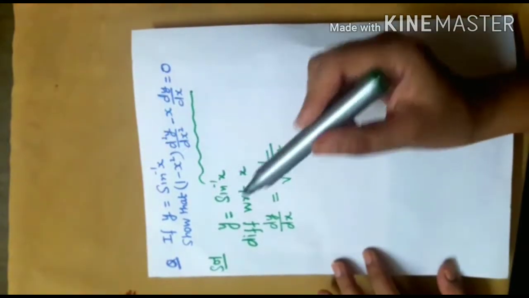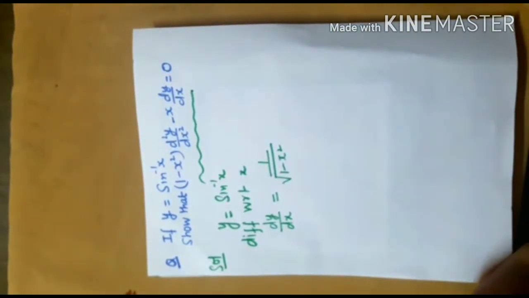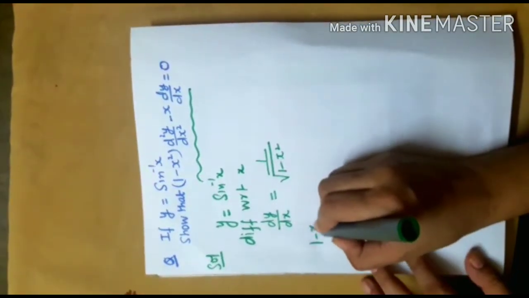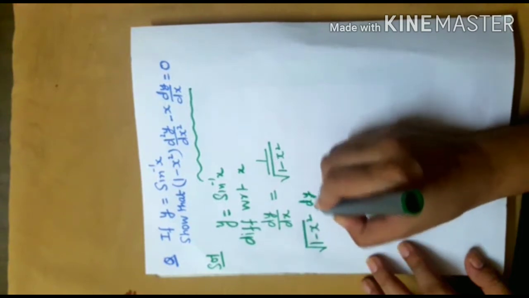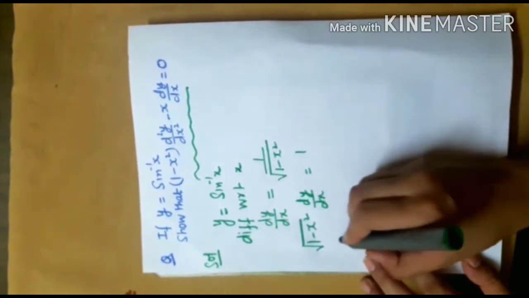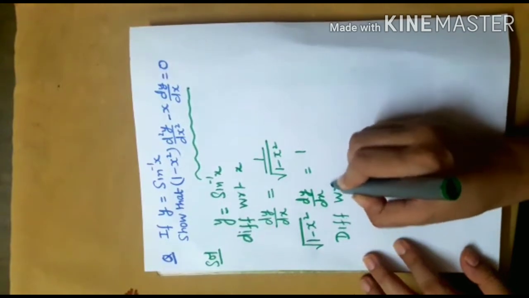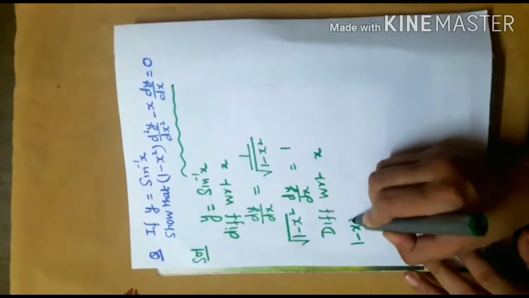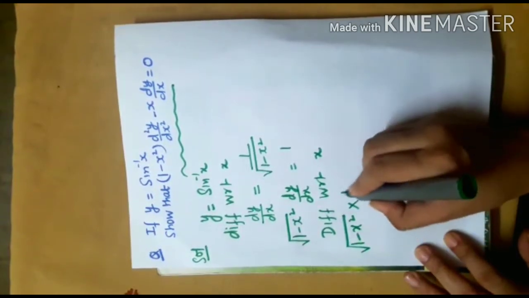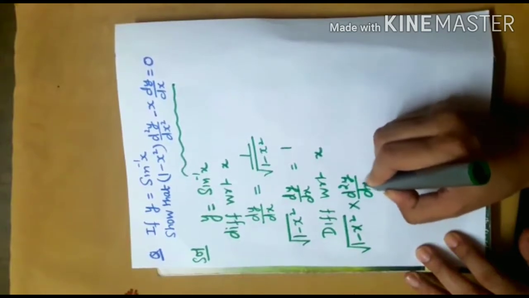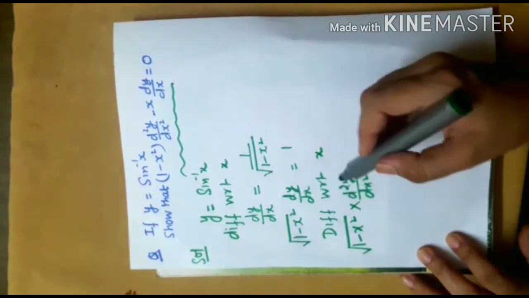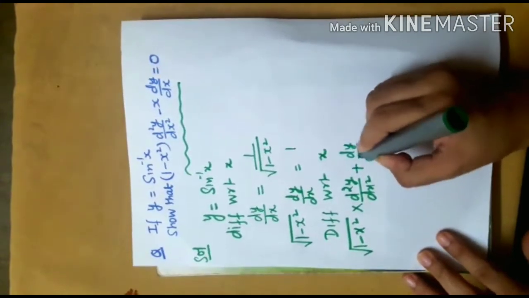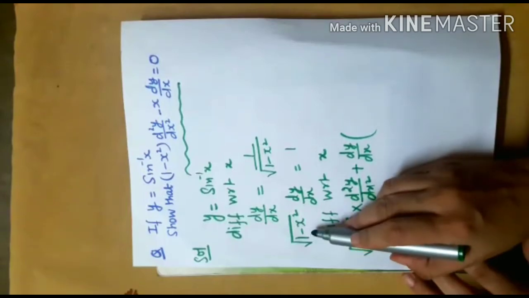Now I want the second order derivative. So what I do, I'll transpose this to this side. And now I differentiate with respect to x. Here I'll apply the product rule. First function into derivative of the second, so derivative of dy by dx will be d square y by dx square, plus second function into derivative of this.